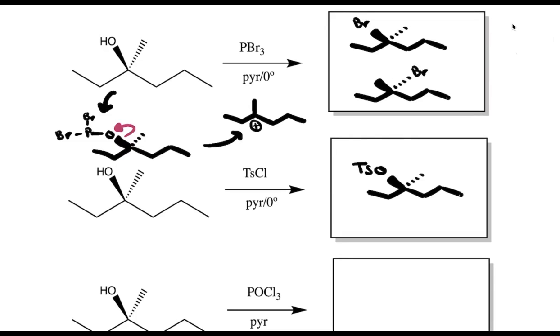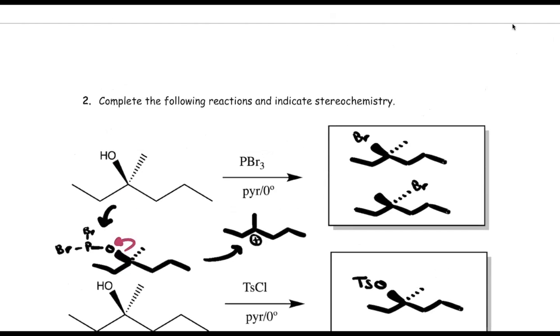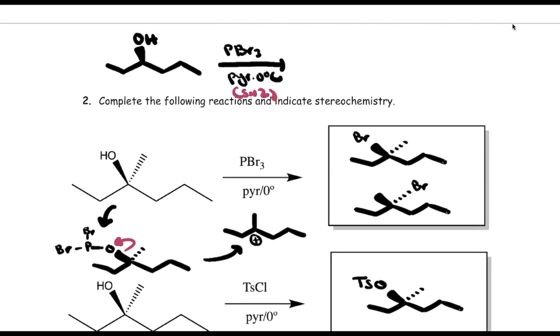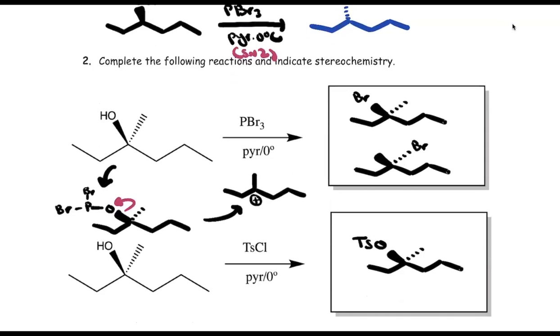I'll draw a separate example here. In that case, that would be good enough to do an SN2, so you would only end up forming this one. But in this case, you would undergo the SN1 here.